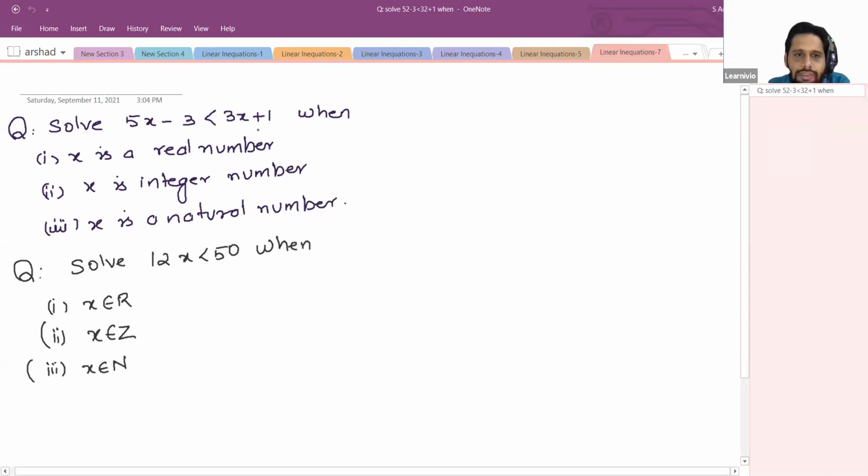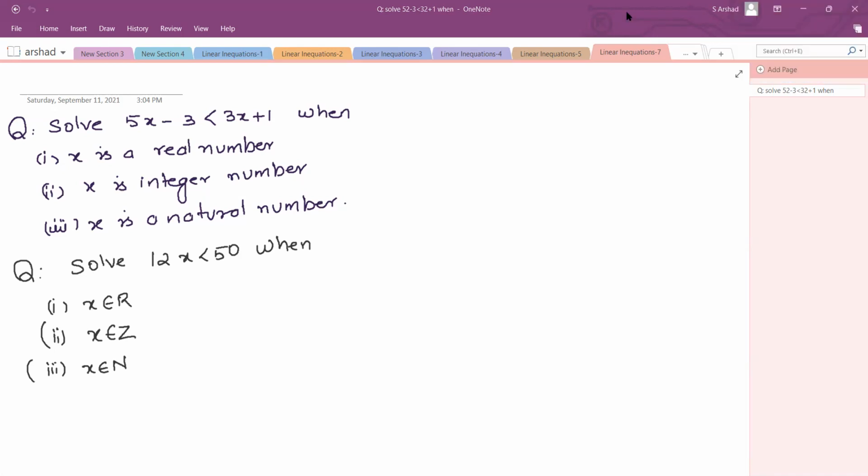Solve this equation when x is a real number and represent the solution on the number line. Okay. Please try this. You can reply to me in the chat box, or you can unmute yourself and tell me the answer.